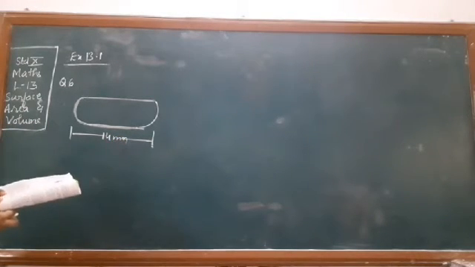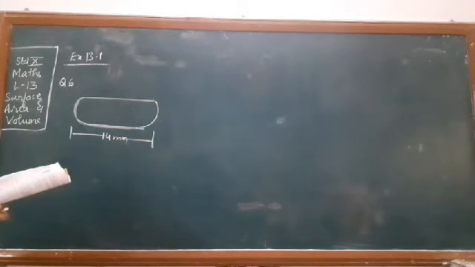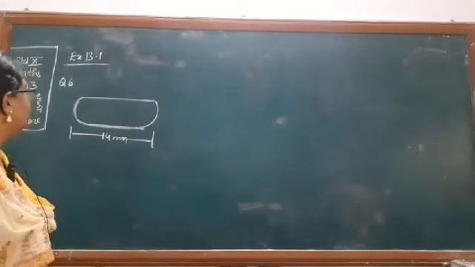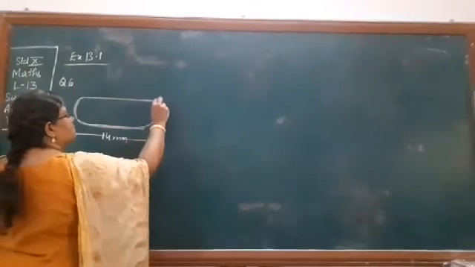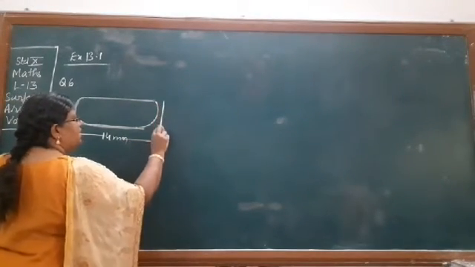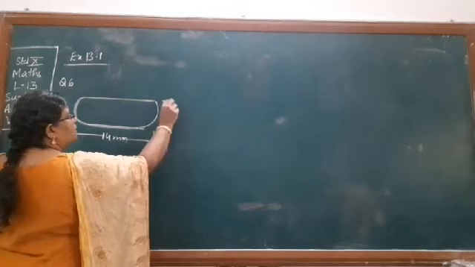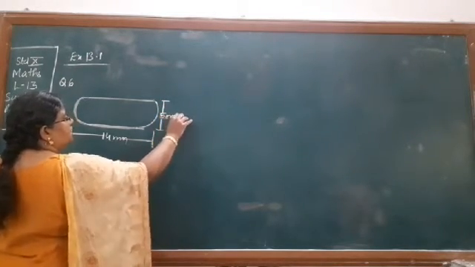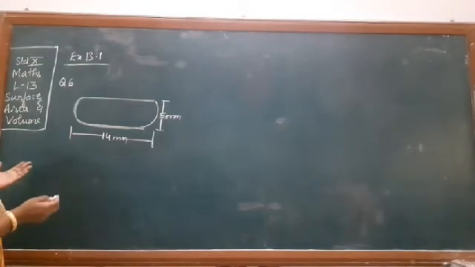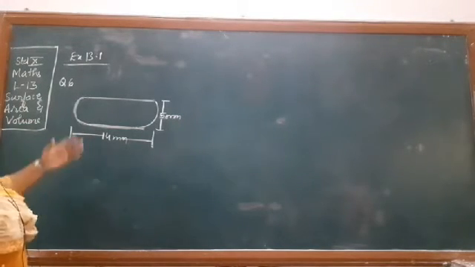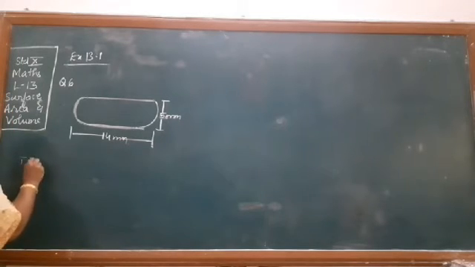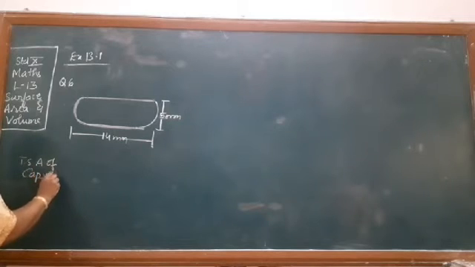And the diameter of the capsule is given as 5 millimeter. The diameter of the capsule, that means the value from here to here, is given as 5 millimeter. You are asked to find the total surface area of this capsule. Now the total surface area of the capsule: there are two hemispheres, so we have to take their curved surface area.